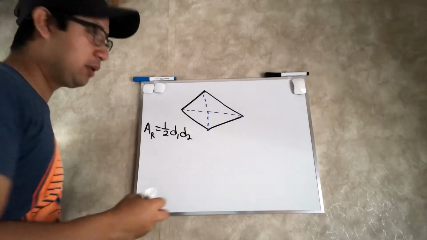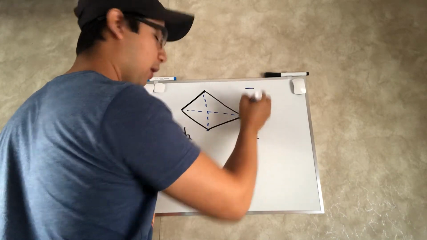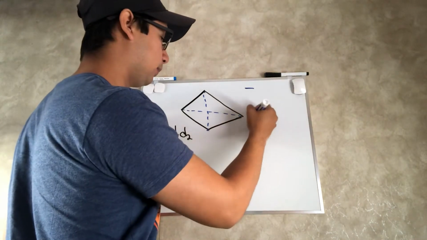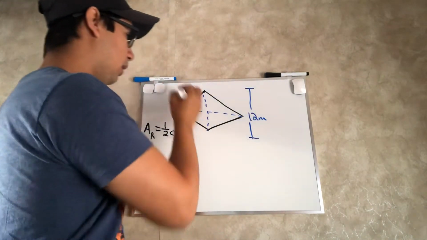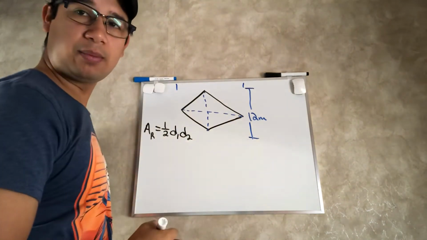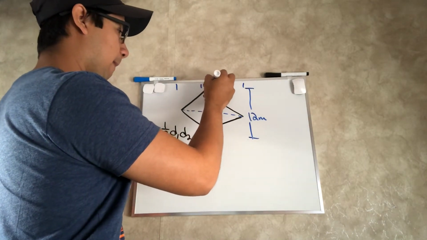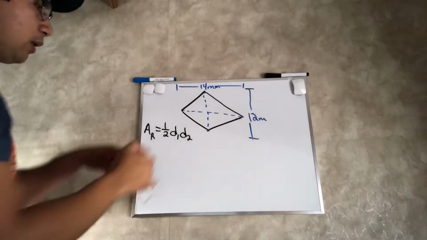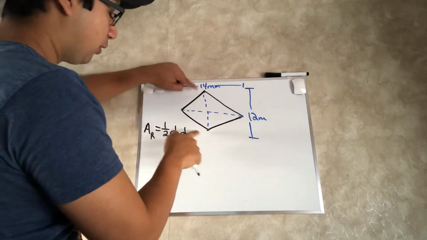On number 2, it tells you that from here to here, it measures 12 millimeters. Okay. And then from here to here, it measures 14 millimeters. So this first diagonal measures 14. The second diagonal here measures 12.